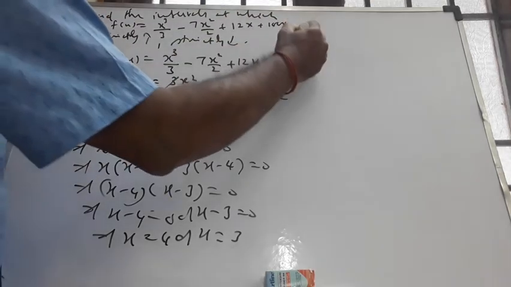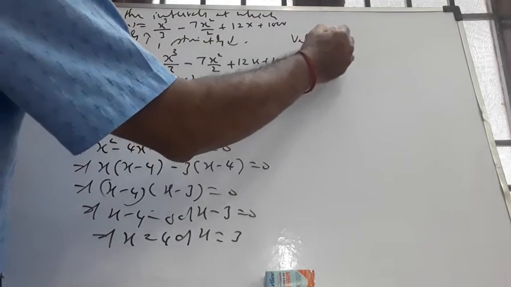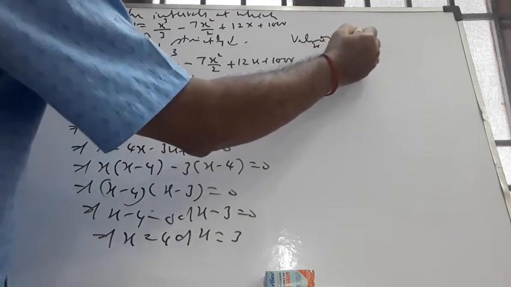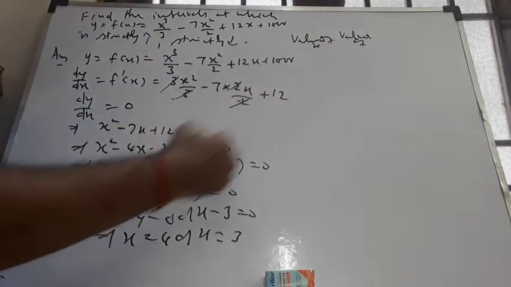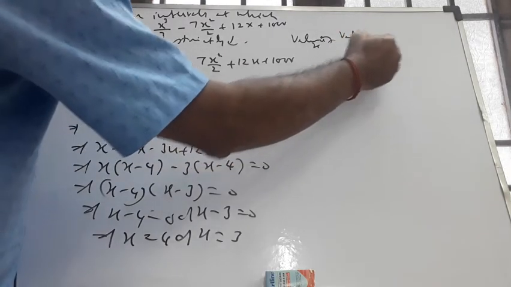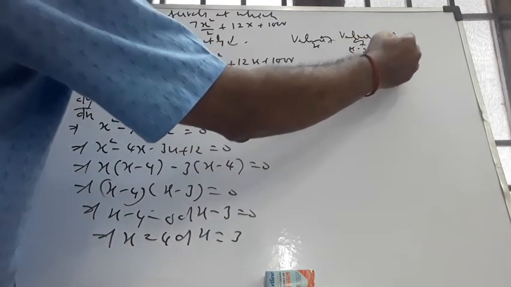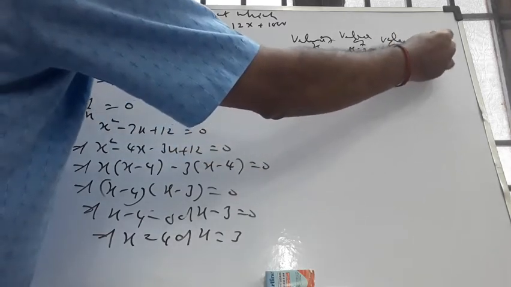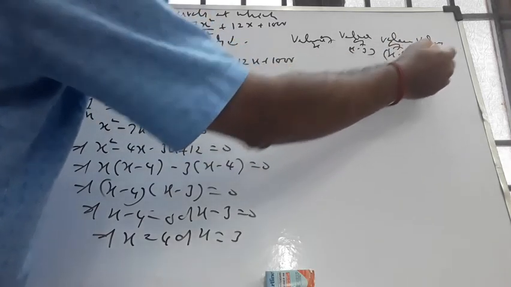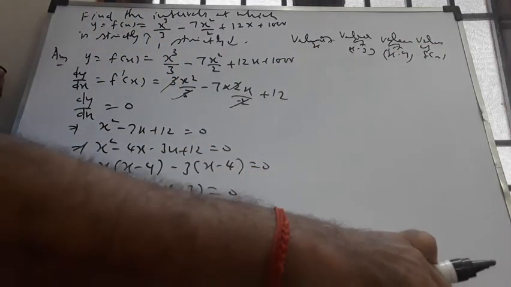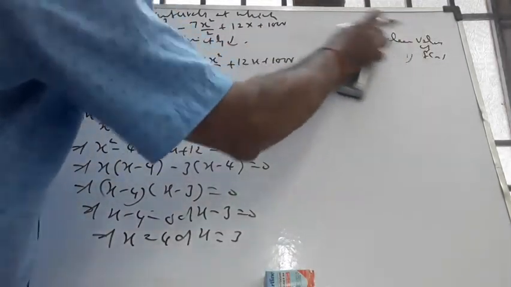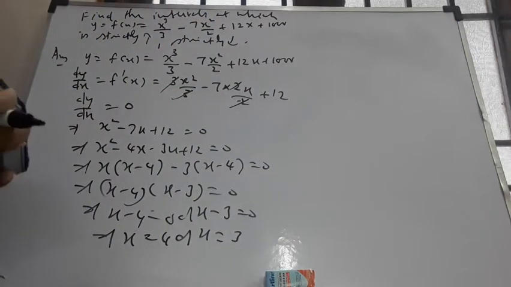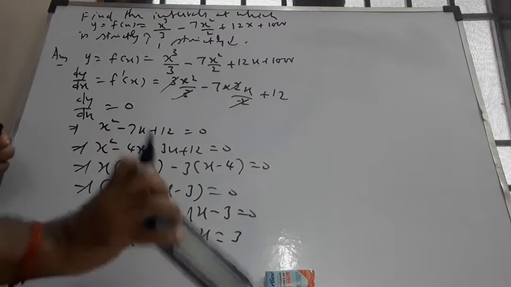Let me write it as a tabular column: value of x, then the two factors available here, x minus 3, then x minus 4, then we will write value of f dash of x. You just remember these are the roots over here.